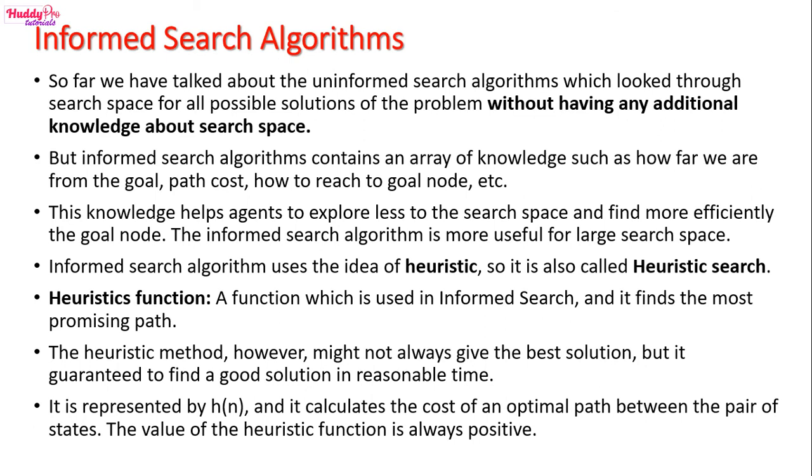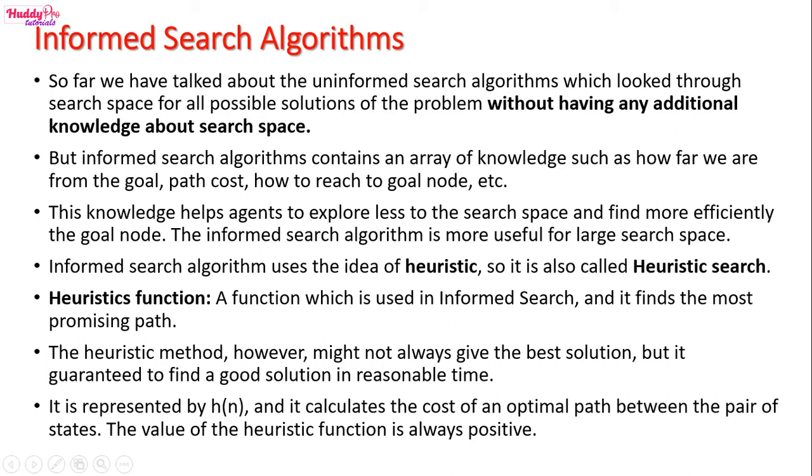So far we have talked about the uninformed search algorithms, and these looked through search space for all possible solutions of the problem without having any additional knowledge about the search space.